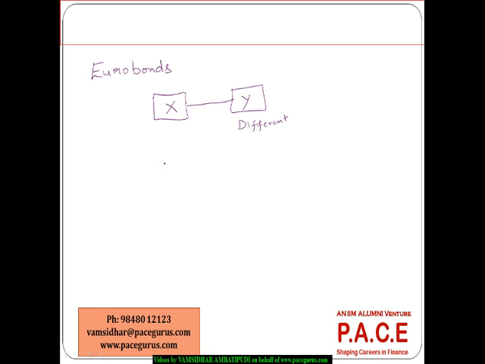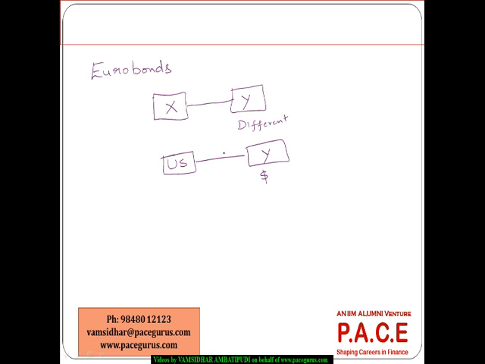So basically, if a US company is issuing bonds in country Y, probably in dollars, not in the currency of Y but in some other currency, we are calling them euro bonds.